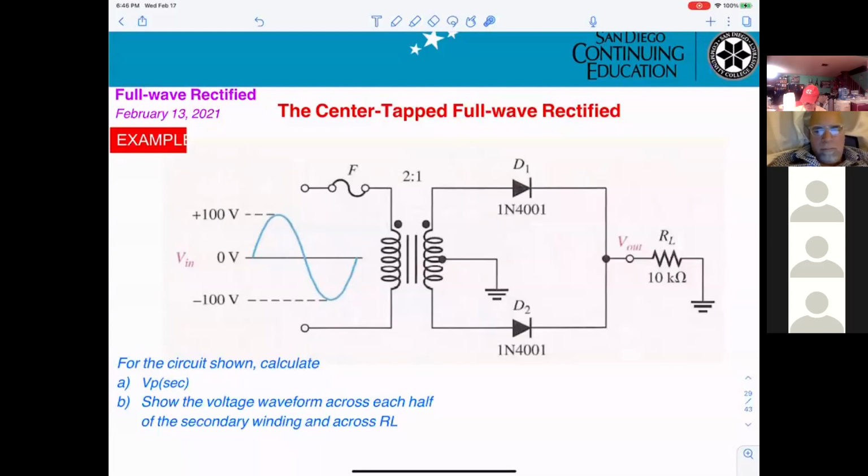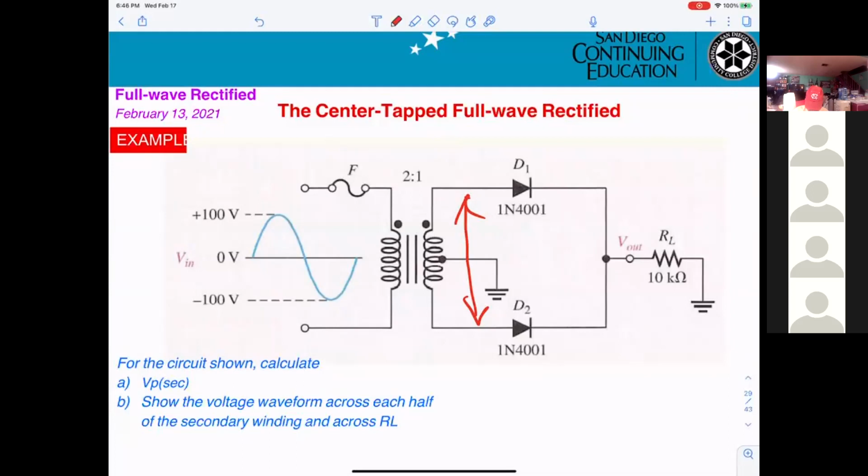152. It's 49.3. 99.3. Now they're asking for the secondary, that means here. No, the turns ratio is 2 to 1, so it's a factor of 1/2.